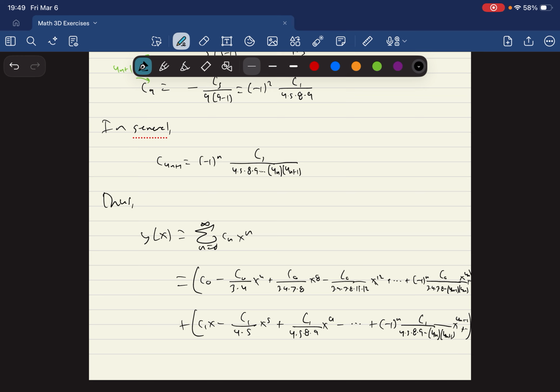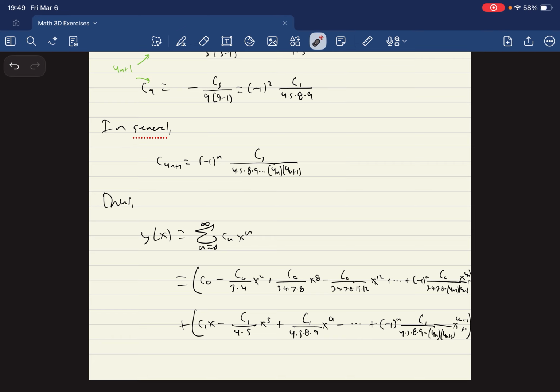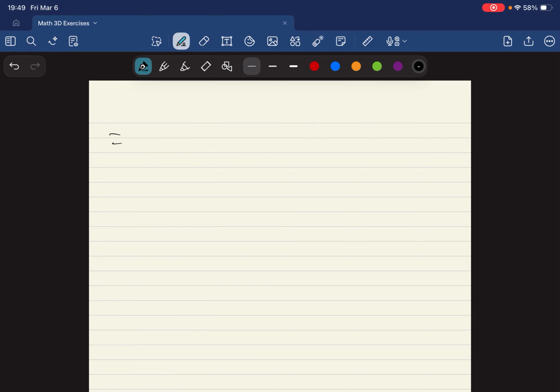And this is really nice because we can factor out the C0 and the C1 from each of these. And what we get is the following. We get C0 times 1 minus 1 over 3 times 4, x to the 4, plus 1 over 3 times 4 times 7 times 8, x to the 8, minus dot dot dot, plus, where the nth term once again is this, 3 times 4 times 7 times 8 up to 4n minus 1, 4n, x to the 4n.